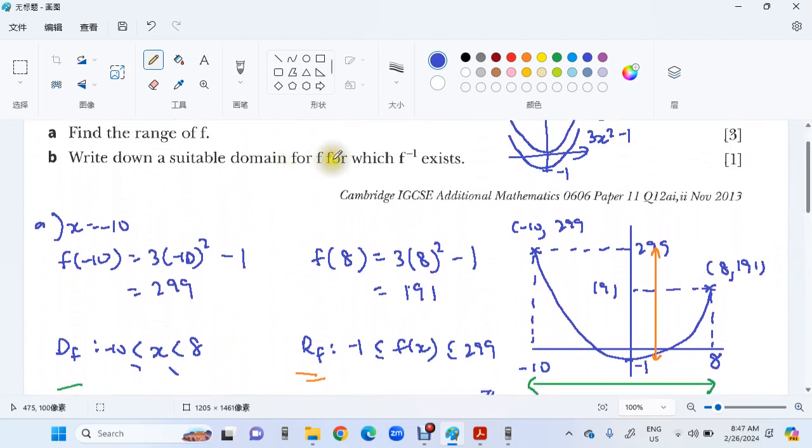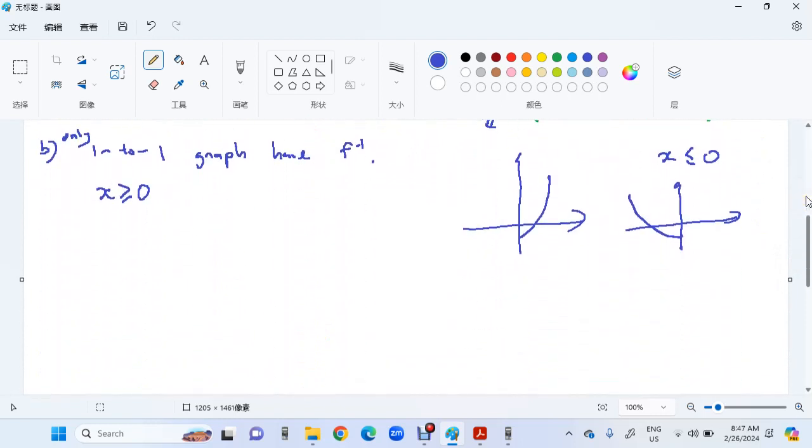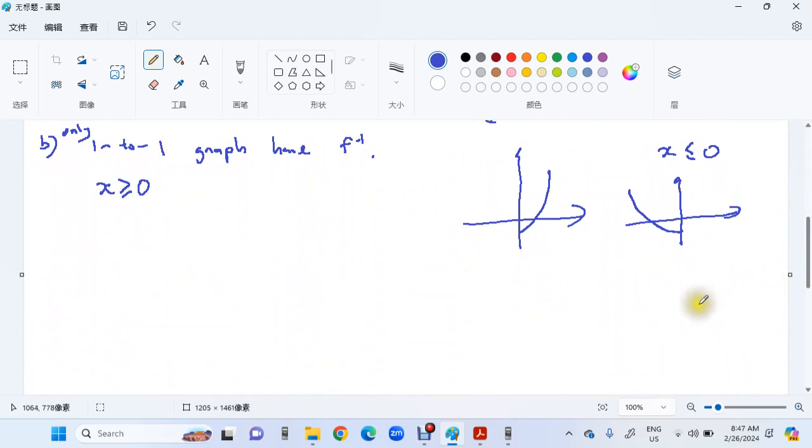Suitable domain. So if a student writes x greater than or equal to 10, the graph will look like this. Also one to one. Then you cannot say that the inverse does not exist; the inverse also exists.